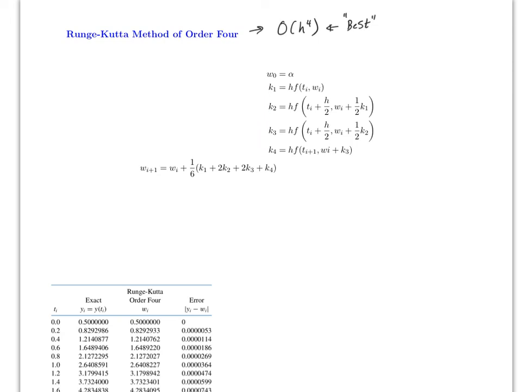The method is the following. This is a difference equation, this one and this one. As you can see, this one requires 4 evaluations for each step, while, remember the very first one we did, Euler's method only requires one evaluation per step.